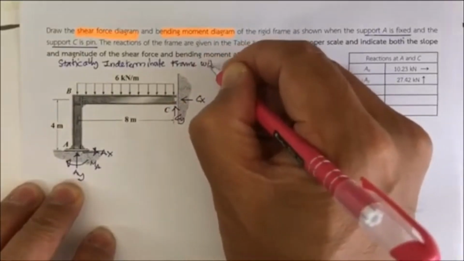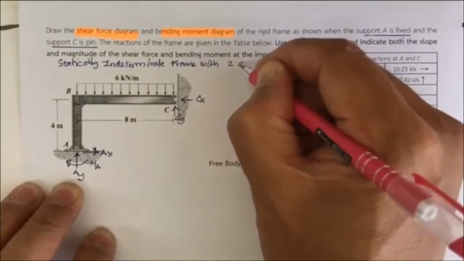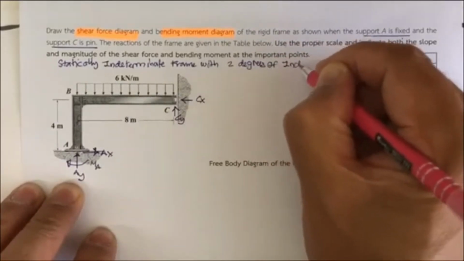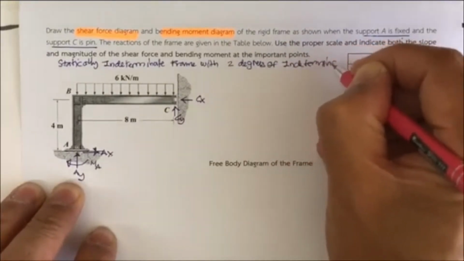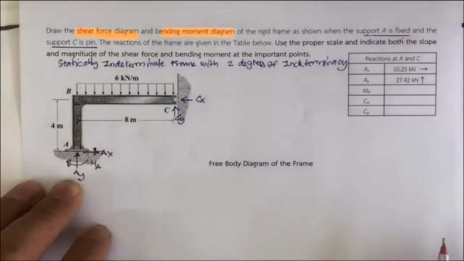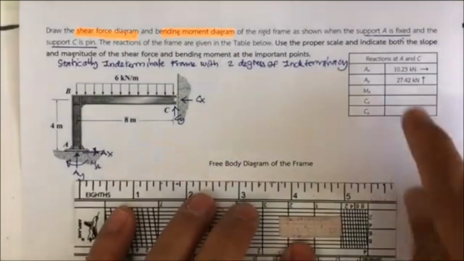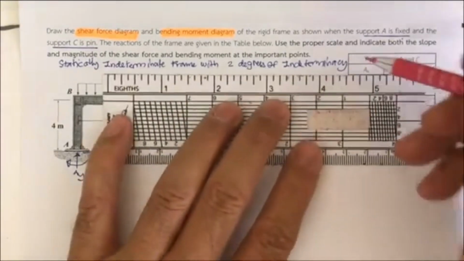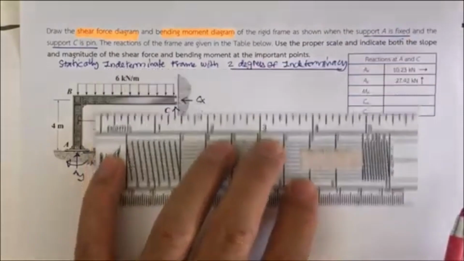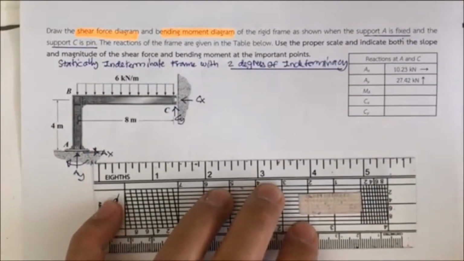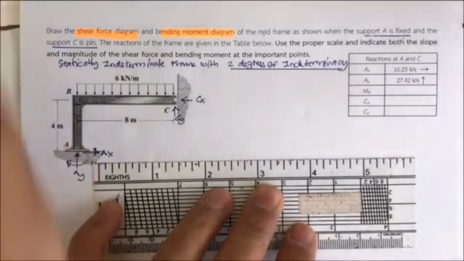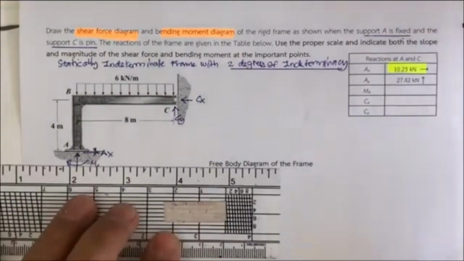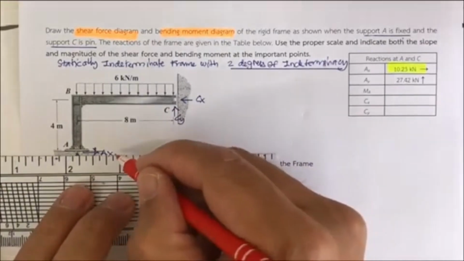with 2 degrees of indeterminacy. However, the problem gives you those 2 unknowns of the degree of indeterminacy. They provide you with A sub x of 10.23, and it's put to the right.